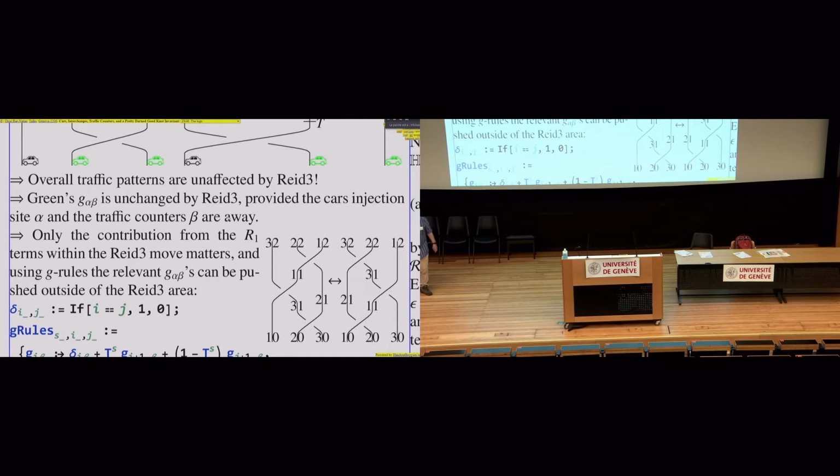Okay? But now I want to compare row 1 of the left with row 1 on the right. But row 1 was a sum, the interesting part of row 1 was a sum over all crossings of the Green function evaluated near that crossing. So the only thing that can potentially change is the 3 R1 contributions, the 3 quadratics that involve specifically the crossings that are involved in the Reidemeister move.